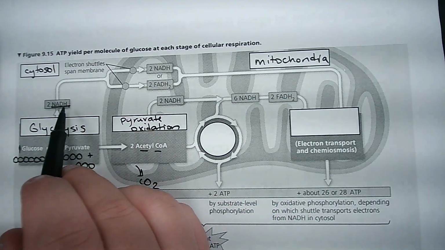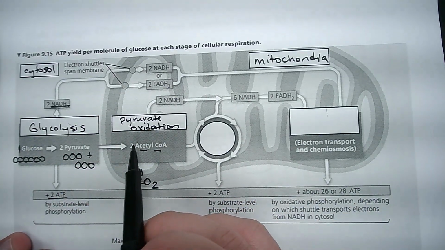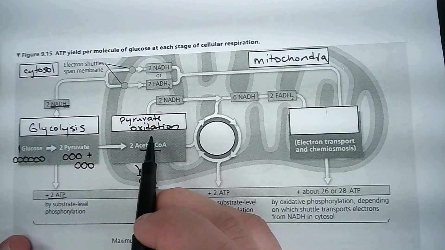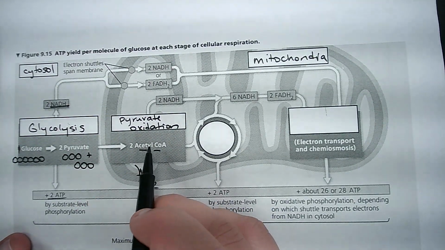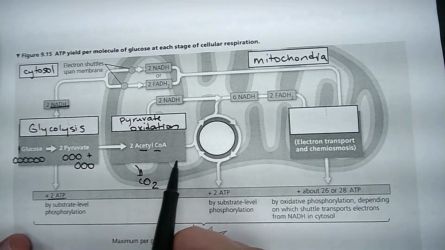So essentially, electrons are being stripped by NADH, and now we're going to transfer them to a later part in the cell. So this is happening at multiple stages here. It's also happening in pyruvate oxidation. As pyruvate is oxidized to acetyl-CoA, that takes electrons, and those are transferred to the later process.